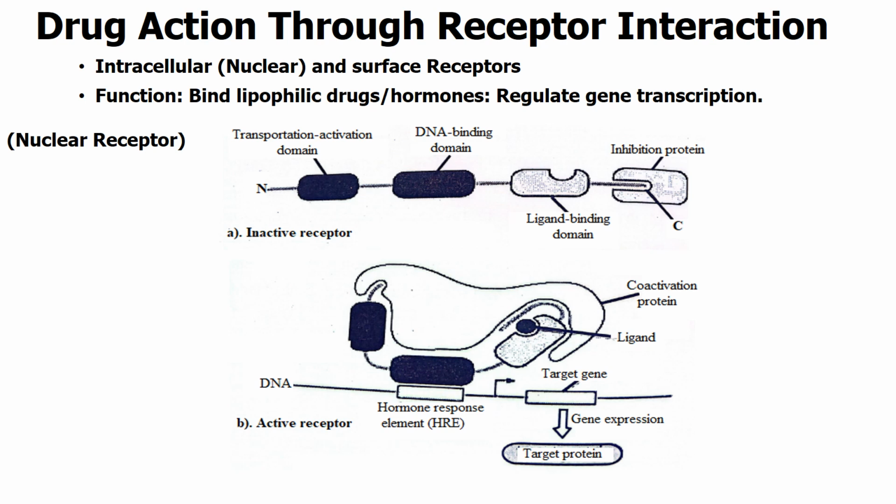Please note that nuclear receptors are the same as intracellular receptors. Of course, there are two types of receptors, intracellular and surface receptors. The intracellular or nuclear receptor is found in the nucleus, while the surface receptors are found in the cell membrane.